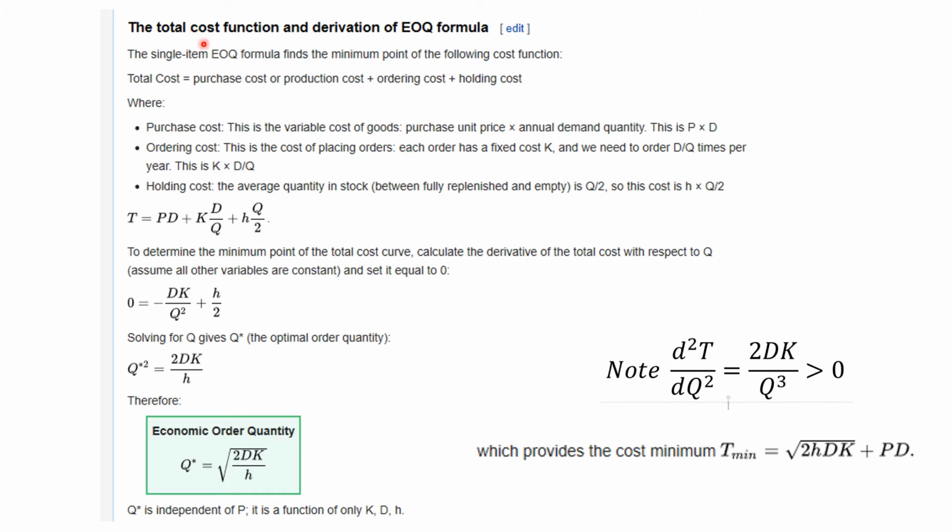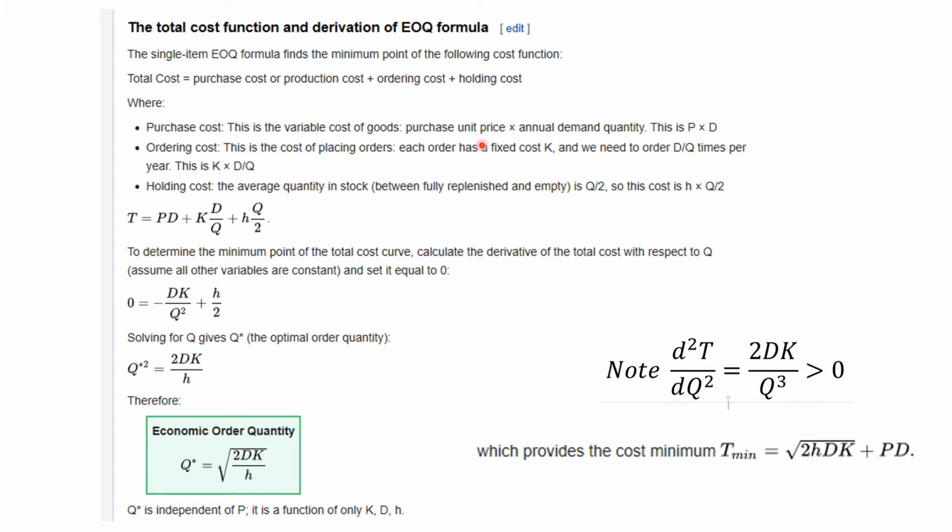So now the total cost and derivation of the economic order quantity formula. The single item EOQ formula finds the minimum point of the following cost curve. So the total cost is going to be the purchase cost, the ordering cost, and the holding cost, three components. The purchase cost is the variable cost of goods.